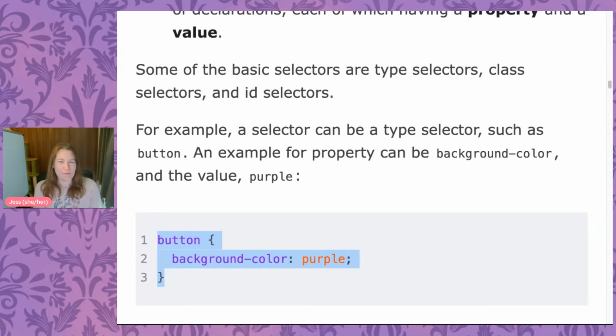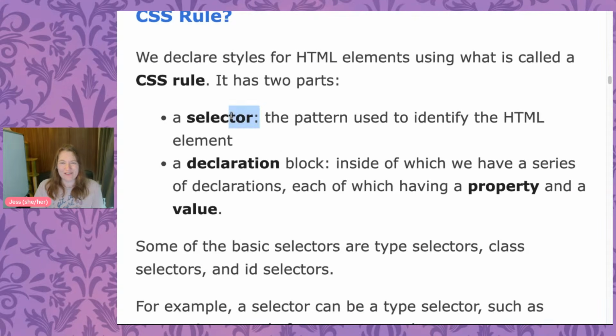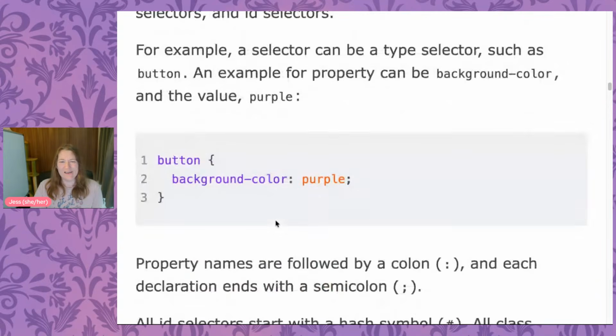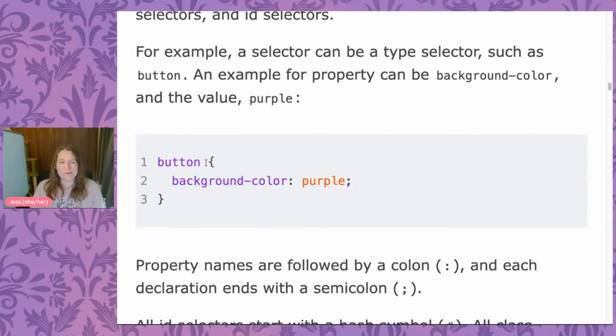Here we've got an example of a button. So here we've already learned about the selector, the declaration block, the property, and the value. Yeah, let's look at this. So here's where we're saying these are which HTML elements.